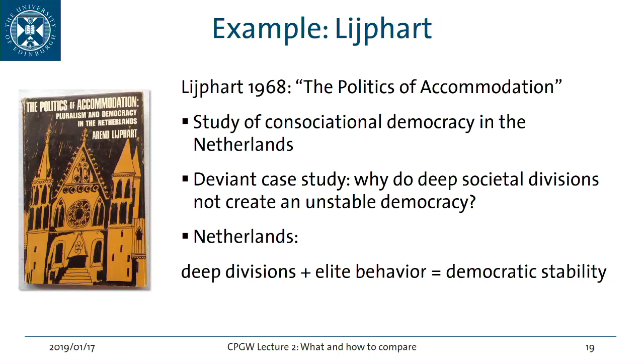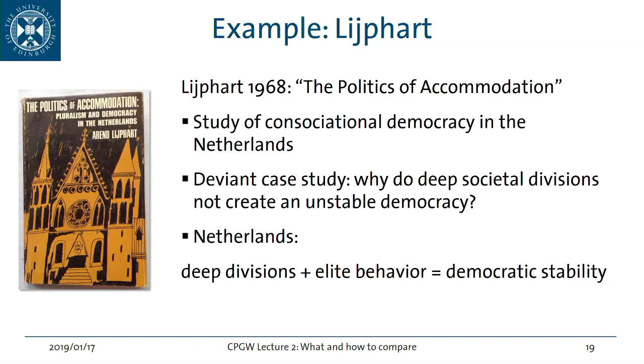One example of someone who did this pretty successfully is Arend Lijphart's book from 1968 called The Politics of Accommodation, and he only has a single case, namely the Netherlands. What he's interested in is that the Netherlands is kind of a unique case, almost in Europe or among democracies, in that they have really deep societal divisions. I don't know if you've noticed, or do we have someone from the Netherlands here?